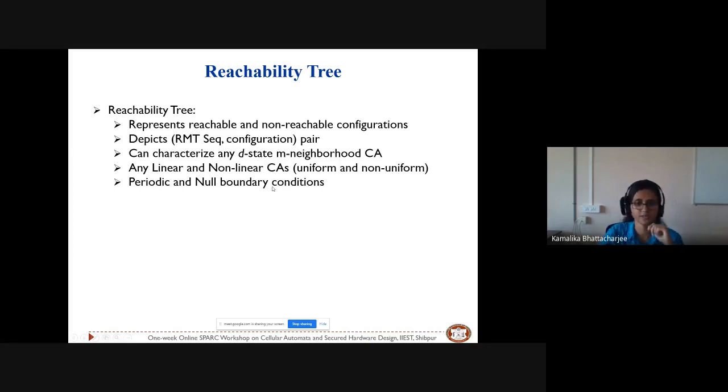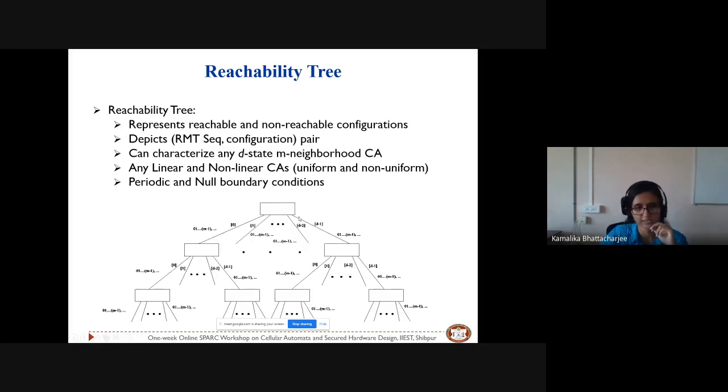Now, what will be the structure of this tree? It will be something like this. A tree having some root. From the root, if we have d number of states, there will be d number of children, and it will be a tree-like structure.